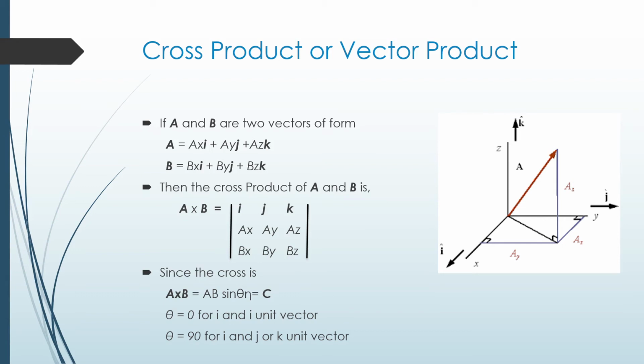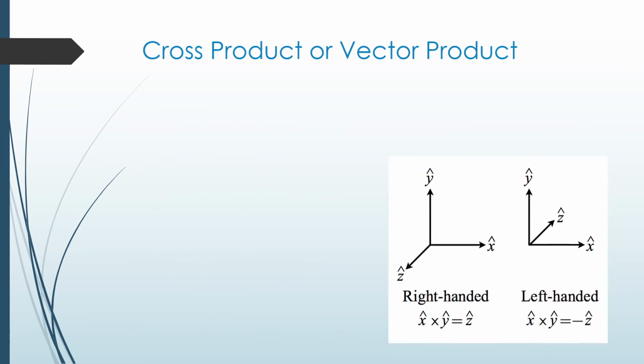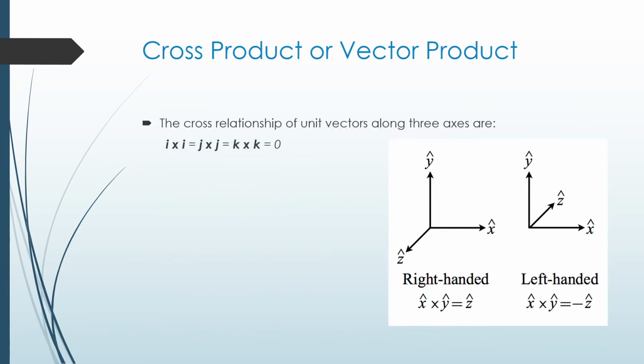If you multiply their unit vectors, the cross product of i with i, j with j and k with k will always be equal to 0, since the angle between i and i is 0, and sine of 0 is equal to 0.